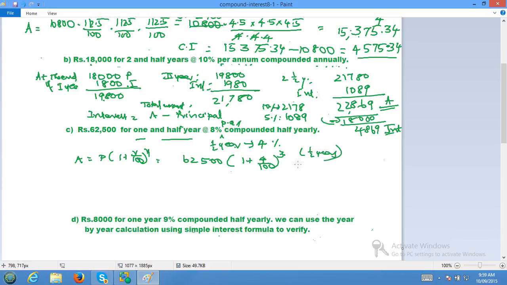Because we are compounding every 6 months, that's why we have to apply the formula. You just solve this, you get the answer. A equals 62,500 multiplied by 104 divided by 100, the whole cube.